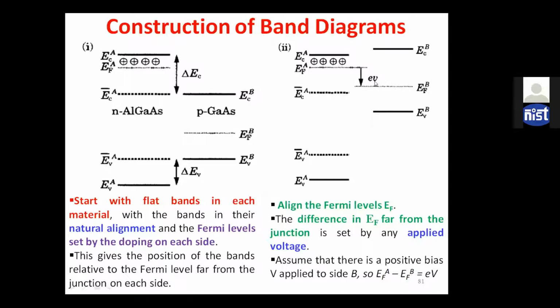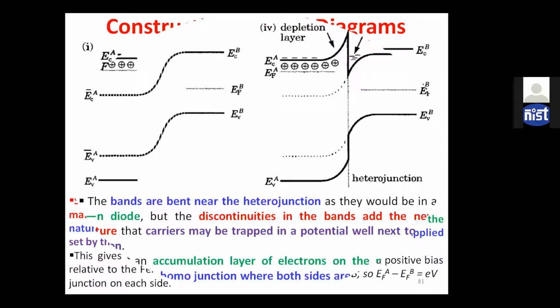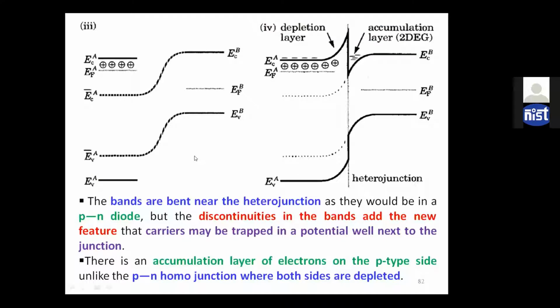Now you join this ECA with that of ECB and EVA with that of EVB, and after that you make the parallel curves, and this bending can be obtained from the solution of Poisson's equation. But if you want to find the exact value of the energy, wave function and the static electrostatic potential, you need to solve both Schrödinger's equation and Poisson's equation self-consistently.